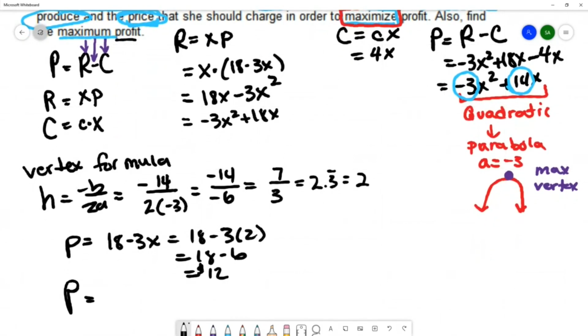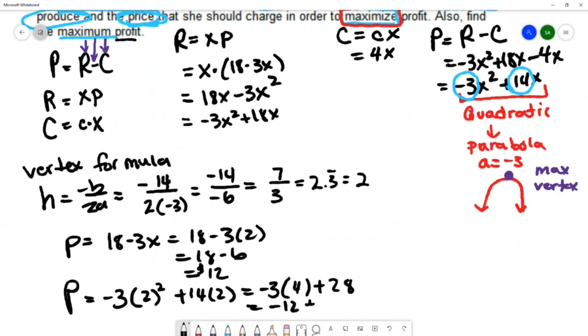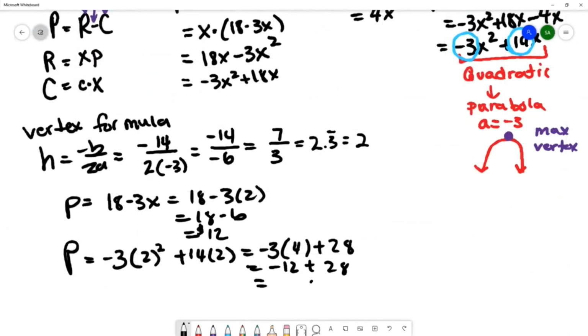So this is the capital P. We'll do negative 3 times 2 squared plus 14 times 2. That's negative 3 times 4 plus 28. Negative 12 plus 28 would give 16. So we'll have a profit of $16. A maximum profit of $16.